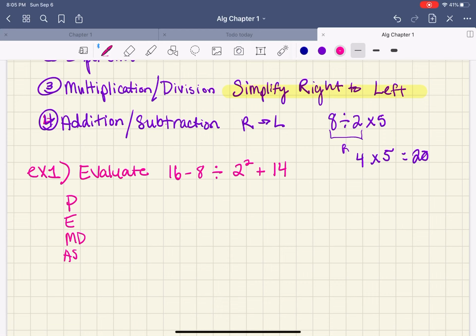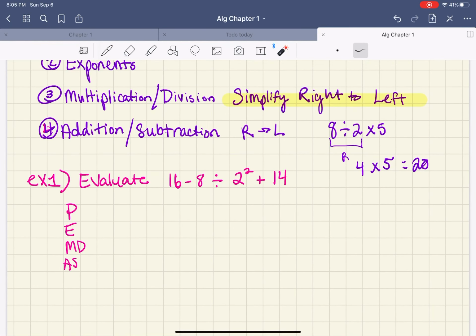So what I need to do is scan this equation, and I'm looking for parentheses, because if I have parentheses, I need to deal with those first. All right, I do not have parentheses in this expression. So I'm going to say check mark, we're good, no parentheses.